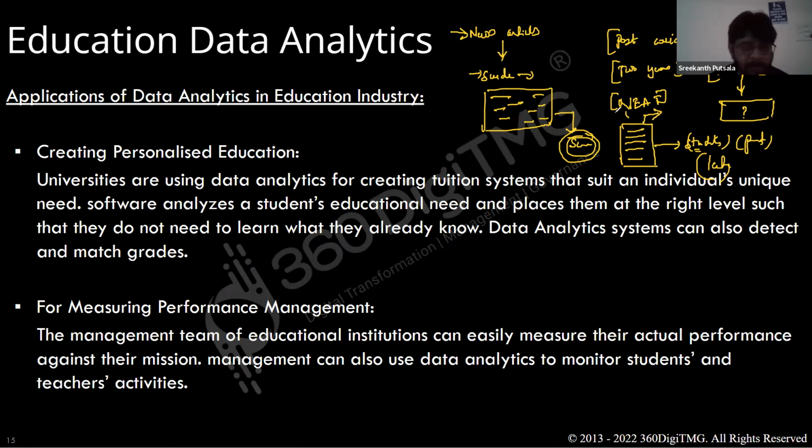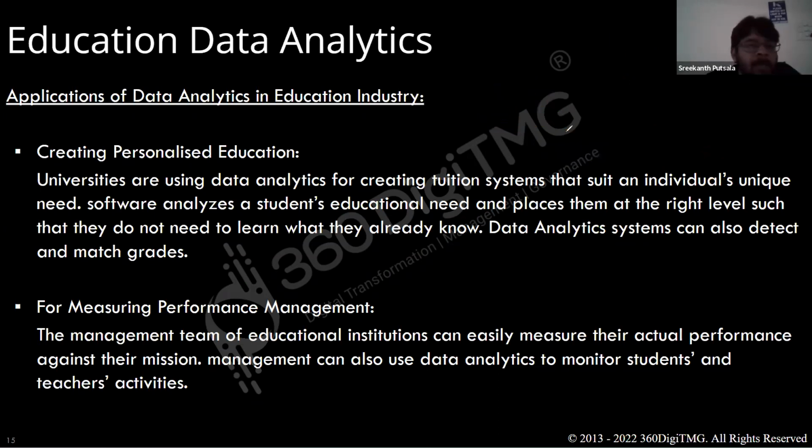So what we have done is that case will be handed over to a specialist to give him some help, right? So this is a model that was created for universities. How we got this data is also something related to education data analytics, right? It is one example of one use case, we can say.